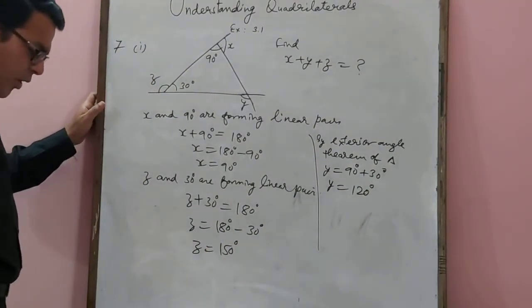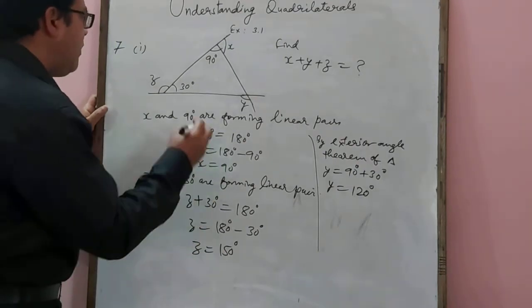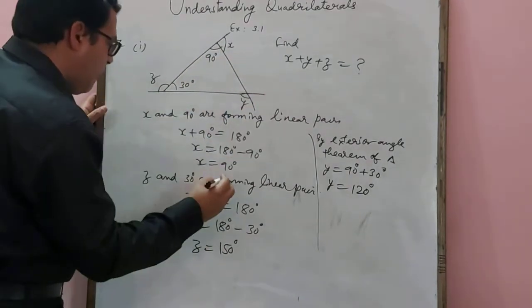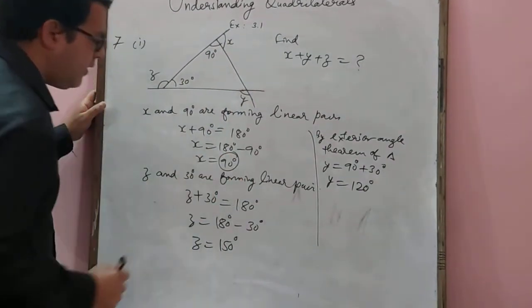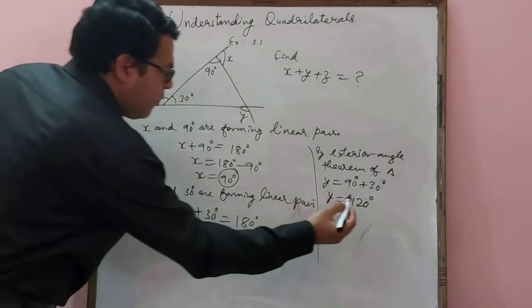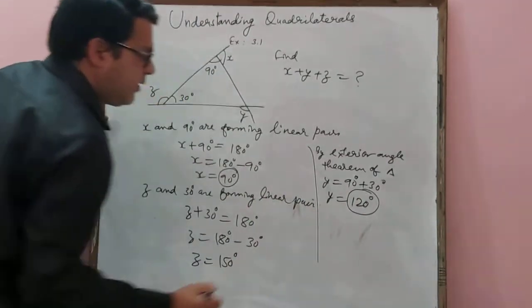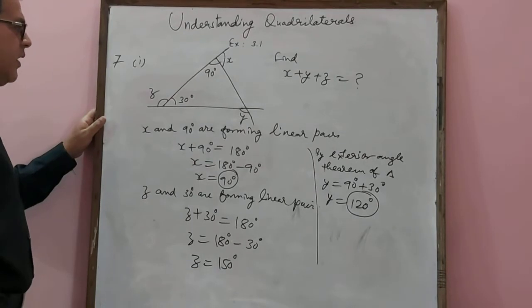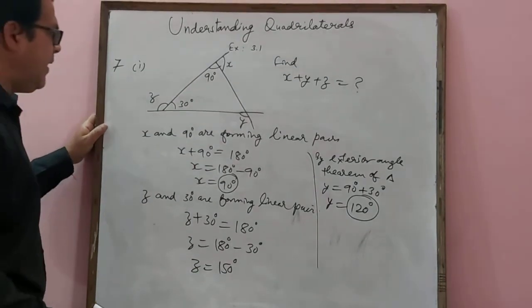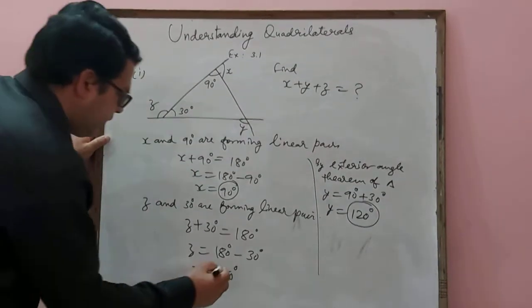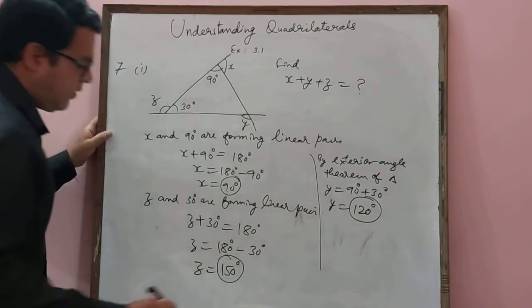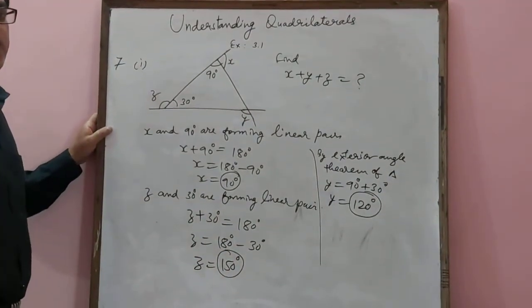Now you can see here, the value of x we have already calculated, it is 90 degrees. The value of y we have calculated, it is 120 degrees, and the value of this z we have also calculated.